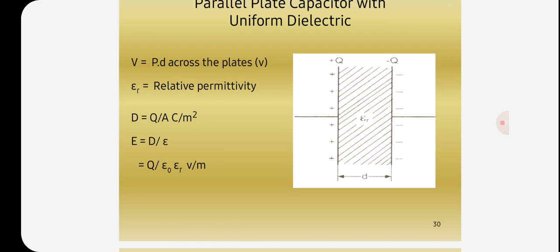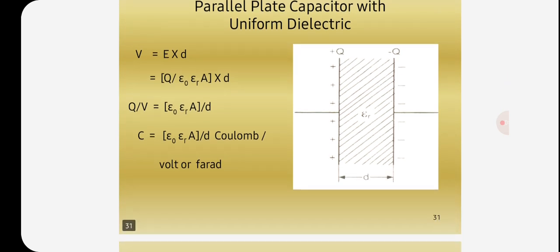D is equal to Q by A, coulomb per meter square. E is equal to D by epsilon, that is equal to Q by epsilon naught epsilon r A, V per meter. So here V is equal to E into d, that is equal to Q by epsilon naught epsilon r A into d.